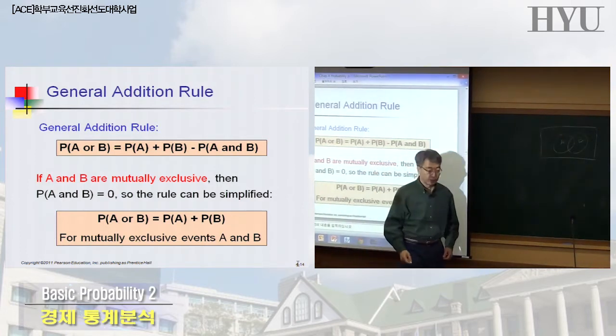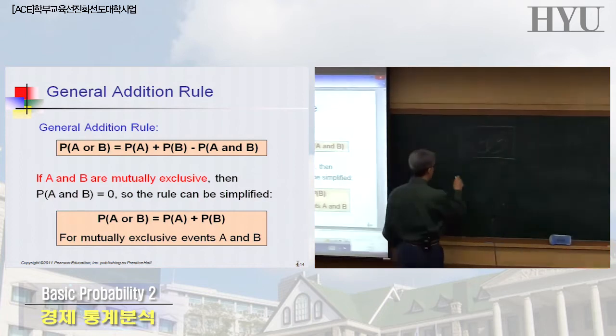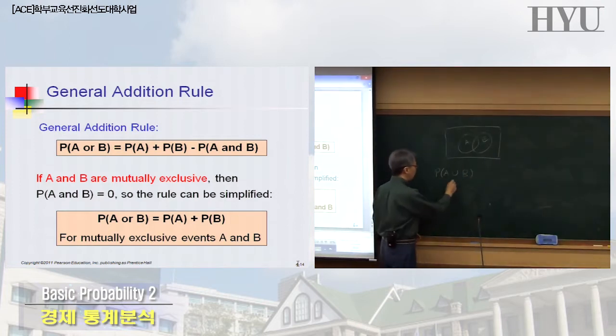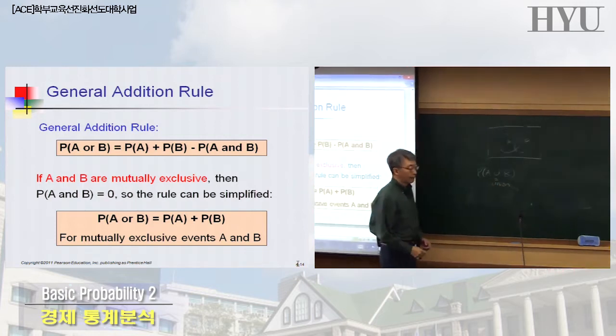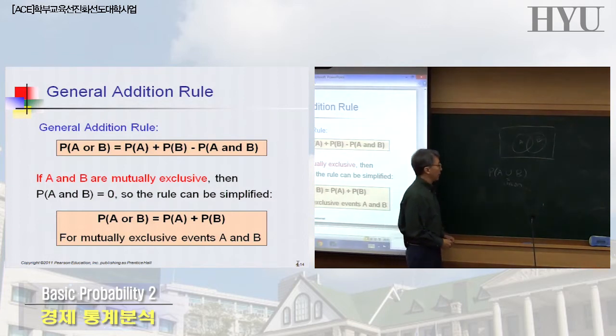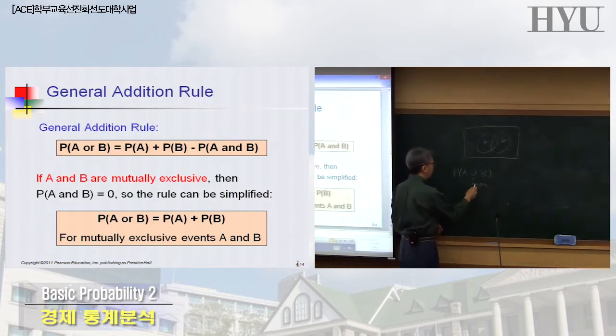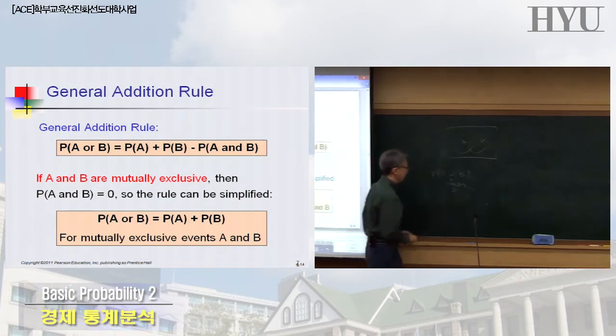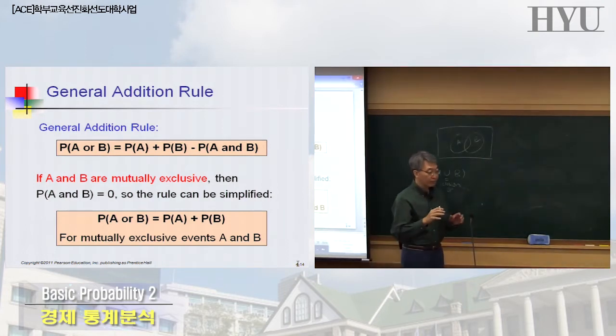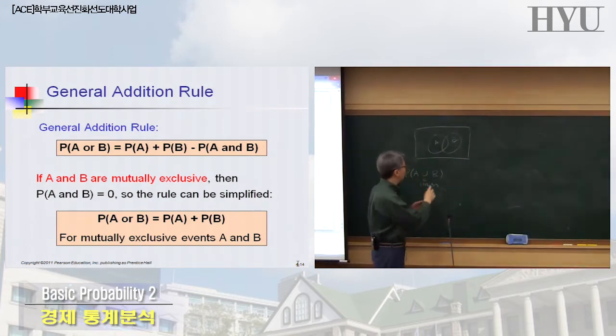In symbols, we frequently write it this way, and we read it as union. A union B in set theory. This is called the A union B or A or B. So if you have 2 possible events, let's say A is an event that you will pick an ace, B is an event that you will pick a black card.